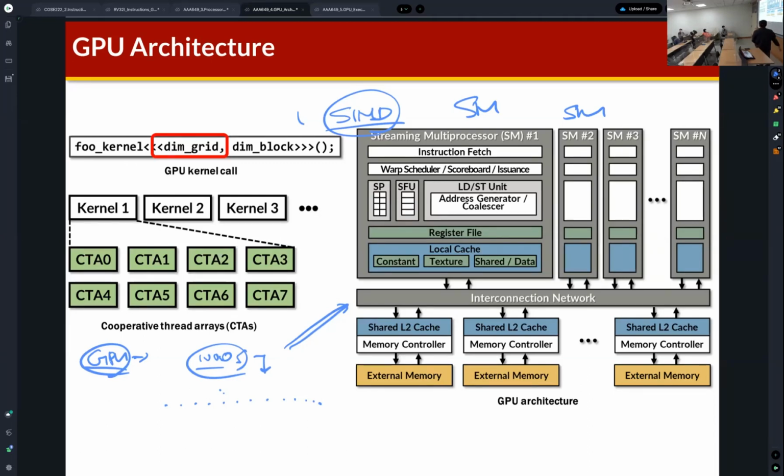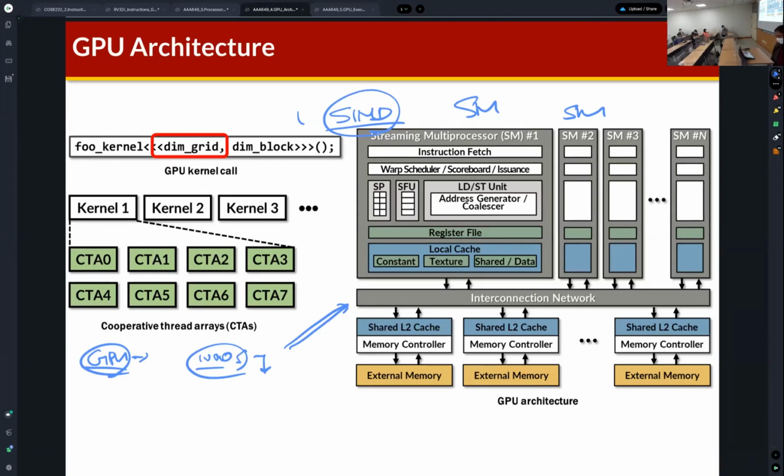Absolutely not. Why do we use SIMD architecture? Because we want to execute the vector type instruction, which means single instruction, multiple data. It's an array processor. Then how can we execute the thousands of threads?